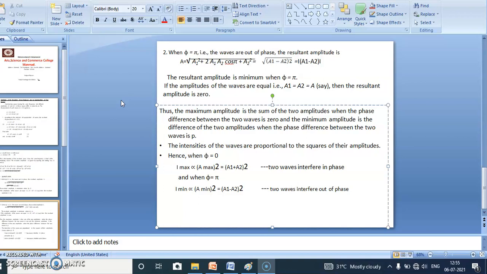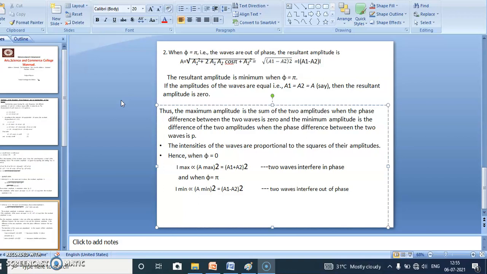The intensities of the waves are proportional to the square of their amplitudes. Okay, you know that intensity is directly proportional to the square of the amplitude. So write down, hence when phi is equal to 0, intensity is the maximum. When phi is equal to pi, intensity is the minimum. So when phi is equal to 0, intensity is directly proportional to the maximum amplitude squared. When two waves interfere in phase, that is (A1 plus A2) whole squared.